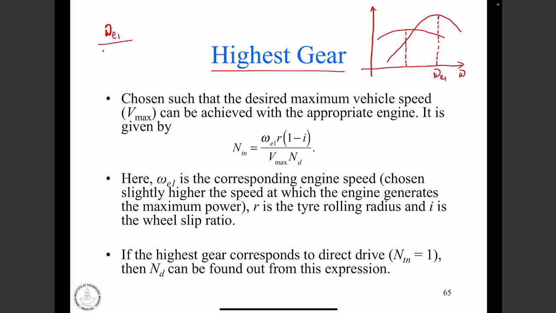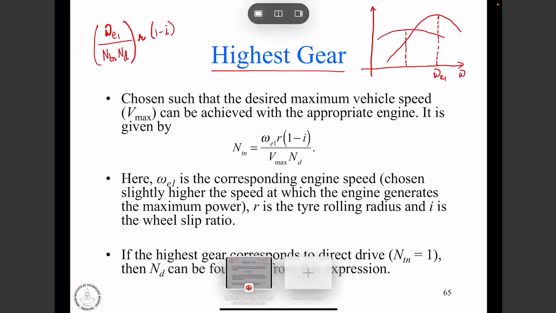Omega E1 divided by NTN will be the speed of the transmission output shaft. And then we divide it by ND, this will be the angular speed of the wheels. And then we multiply it by the wheel radius R, which will be the circumferential speed of the wheel. And then we multiply it by 1 minus I, I being the wheel slip ratio.